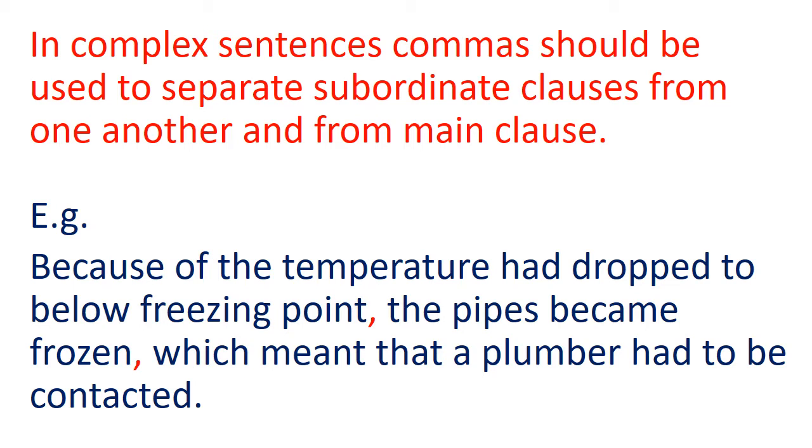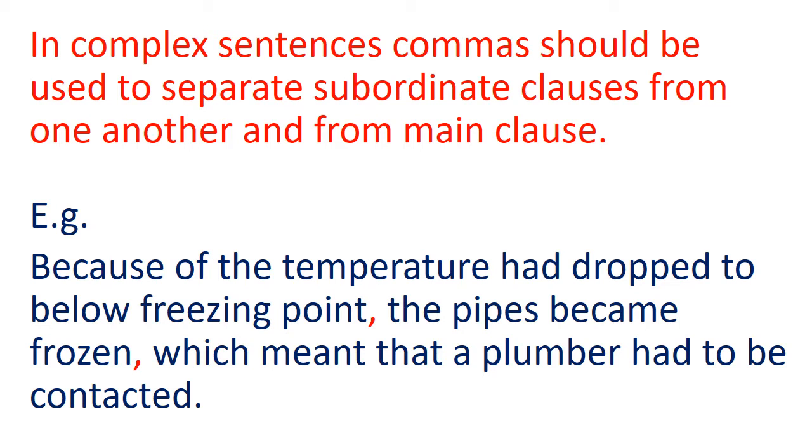Because the temperature had dropped to below freezing point is a subordinate clause. Why? It starts with a conjunction. Look at this main clause: the pipes became frozen. That is the main clause because it does not start with a conjunction.